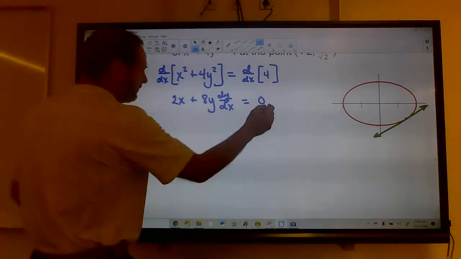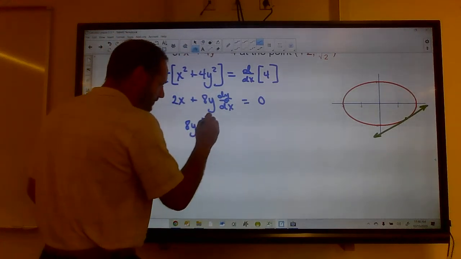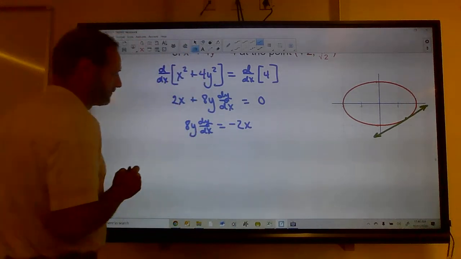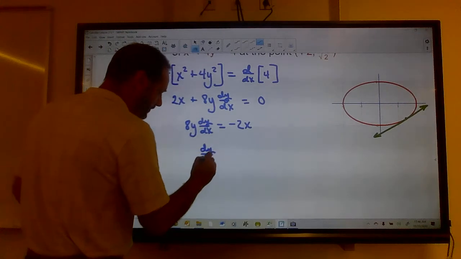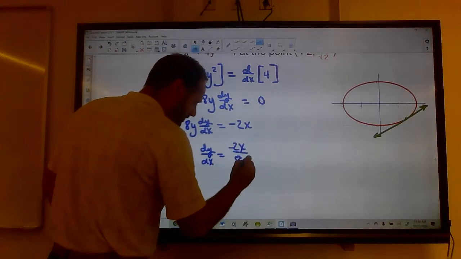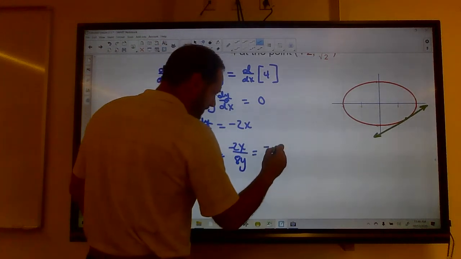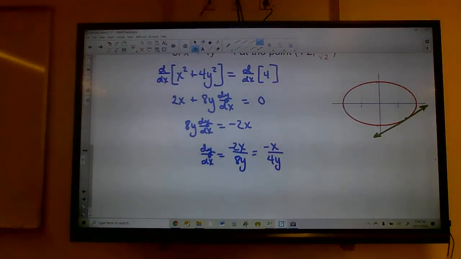So now I'm going to move the 2x over here because it doesn't have a dy/dx. I'm going to divide both sides by 8y. If I cancel the 2's, that's going to be negative x over 4y.